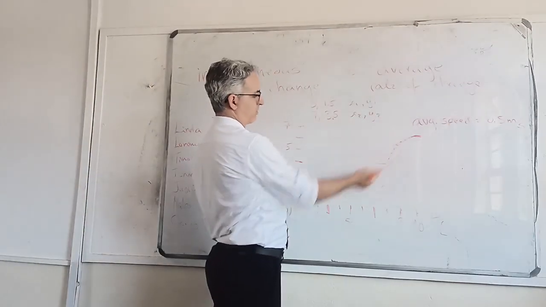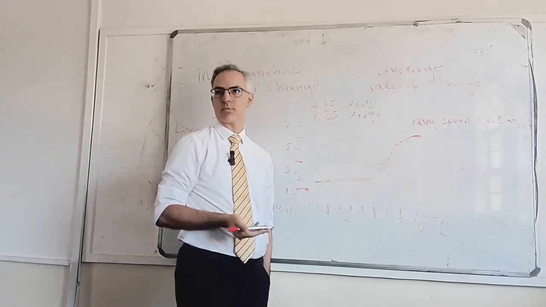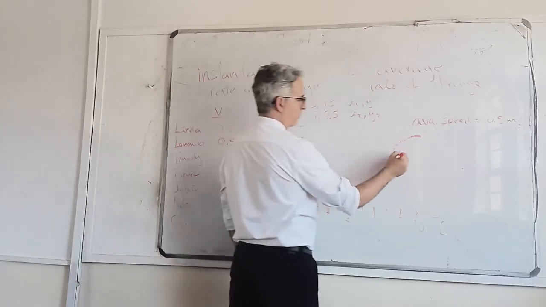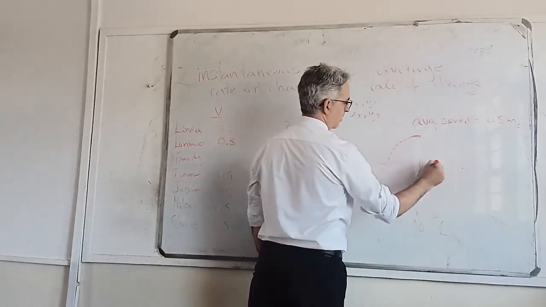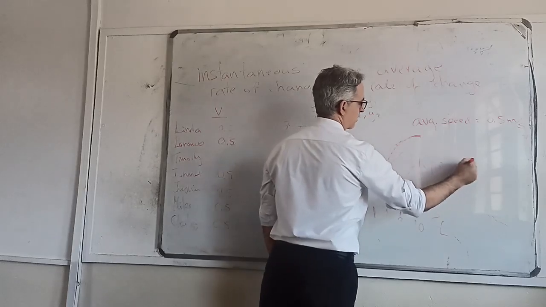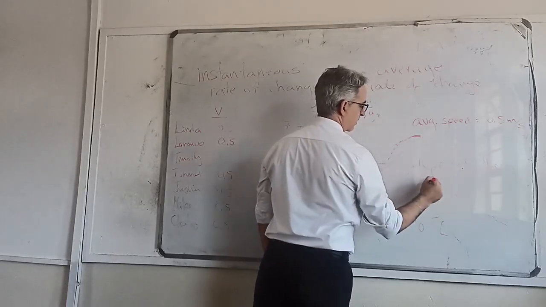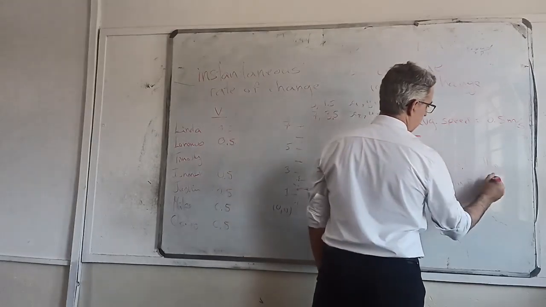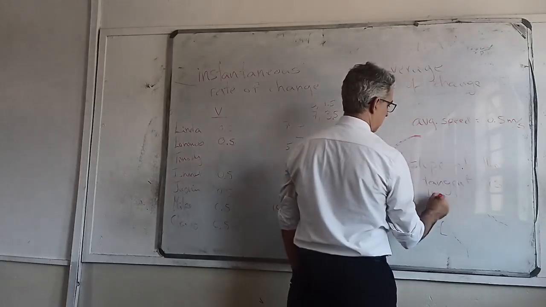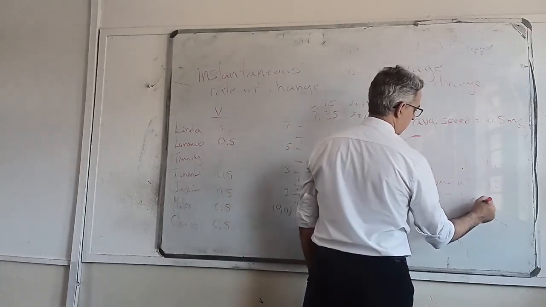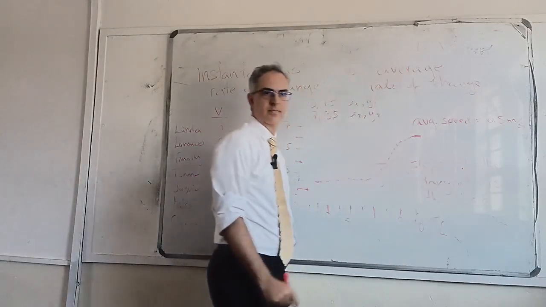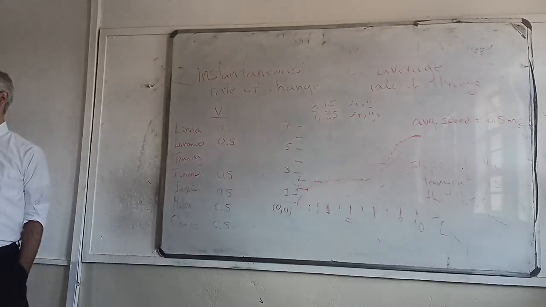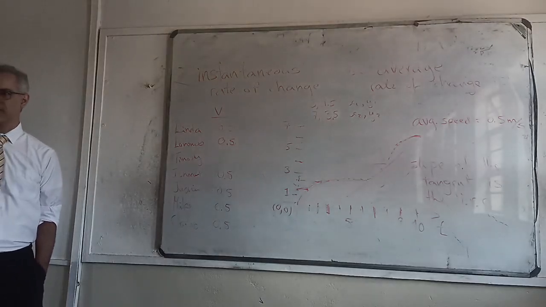Now that I have a straight line, well, then it has a slope. And I will define that the slope of the tangent is the instantaneous rate of change. The slope of the tangent line is the instantaneous rate of change.